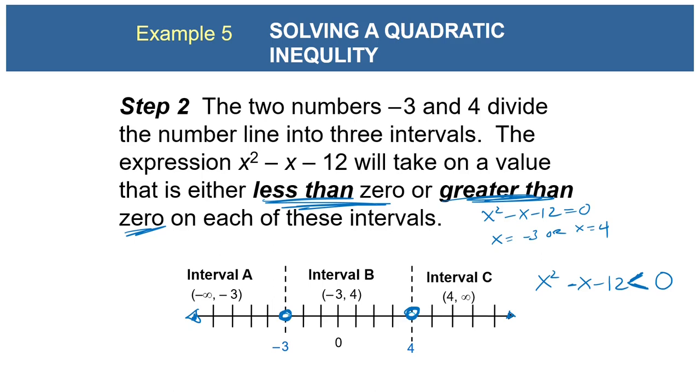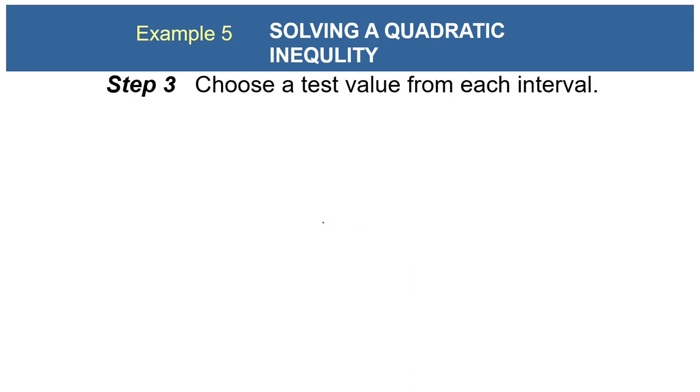So we have three intervals. The left side of negative 3, which is from negative infinity to negative 3, between negative 3 and 4, and to the right side of 4, or 4 to infinity. In step 3, let's choose a test value from each interval. Again, let's look at our number line.